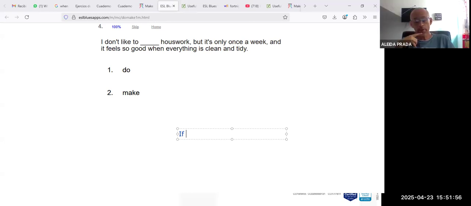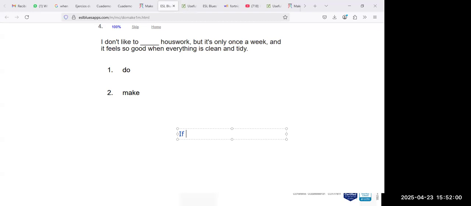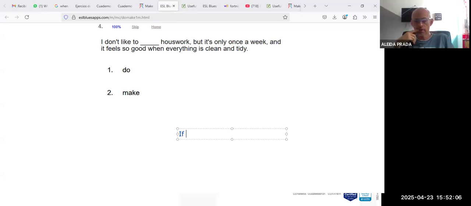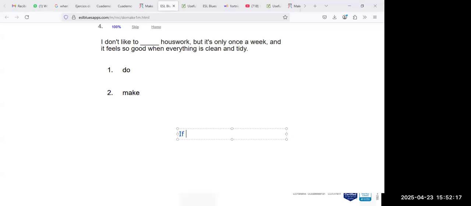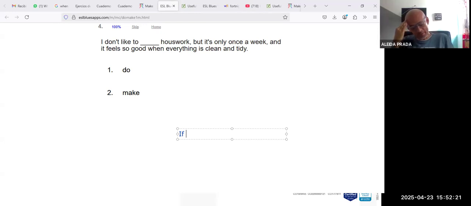But is the trouble only with the zero conditional, or with all? All, without the zero, the zero is so easy for her. But I understand her because the conditional is a little bit difficult. The conditionals are horrible.